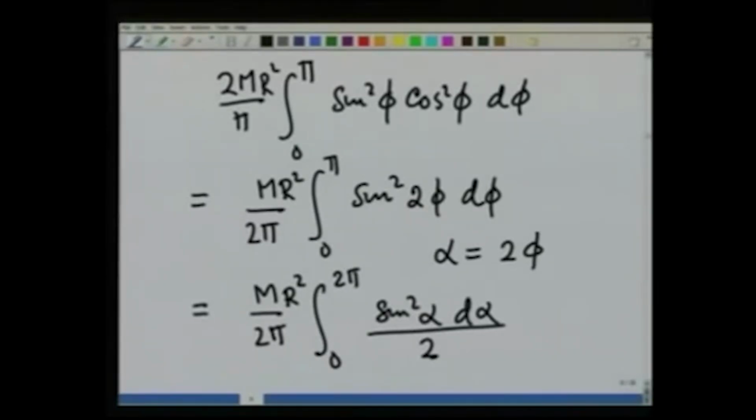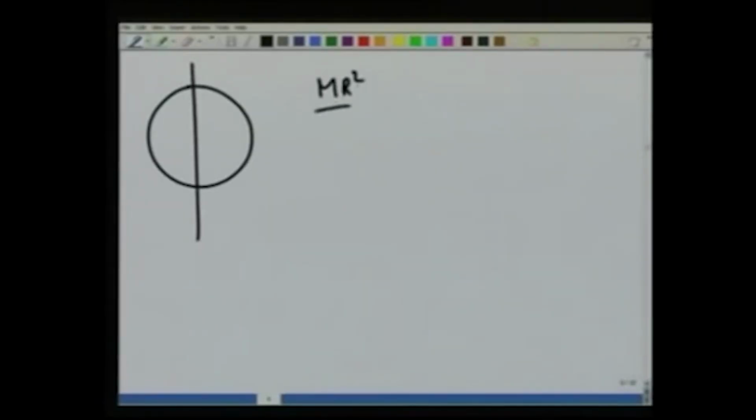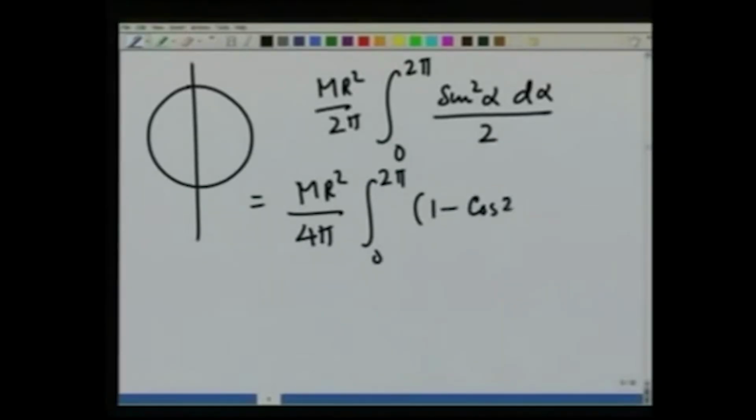So, what we get for the moment of inertia about the diameter is mr square over 2 pi, integral 0 to 2 pi, sine square alpha d alpha over 2, which is equal to mr square over 4 pi integral 0 to 2 pi of sine square alpha, which can be written as (1 minus cosine 2 alpha) over 2, d alpha.